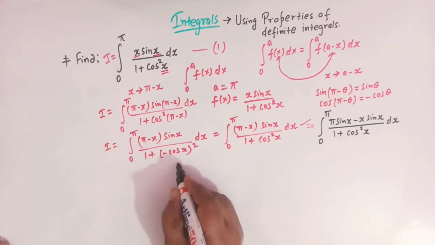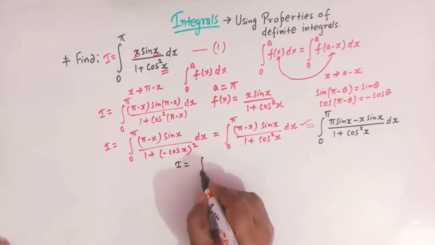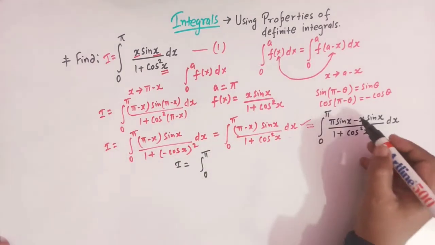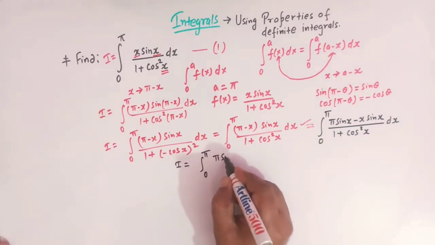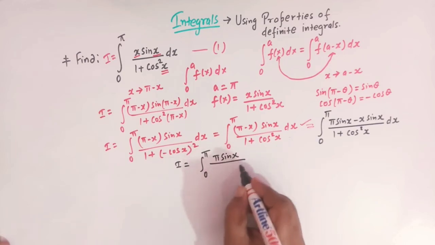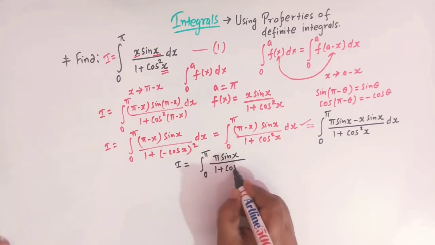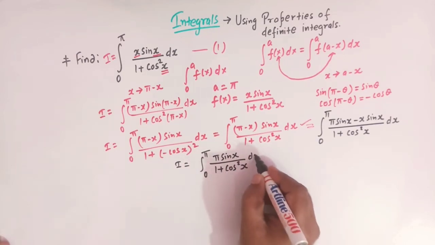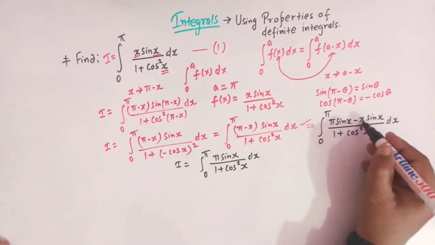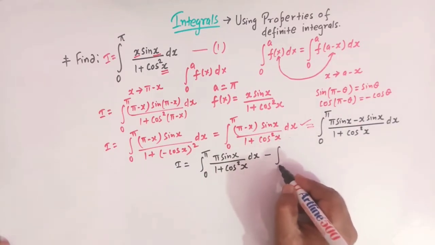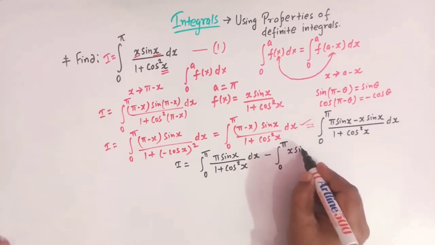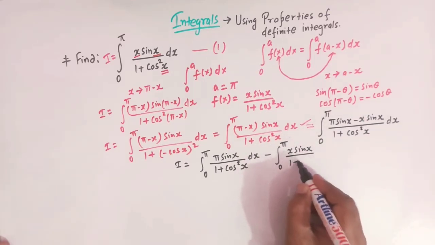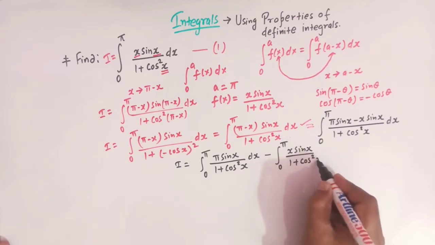So now this I can be written as the integral from 0 to pi, and here we can write two integrals. The first one is pi sine x over 1 plus cosine square x dx, and then we have this integral from 0 to pi of x sine x divided by 1 plus cos square x.